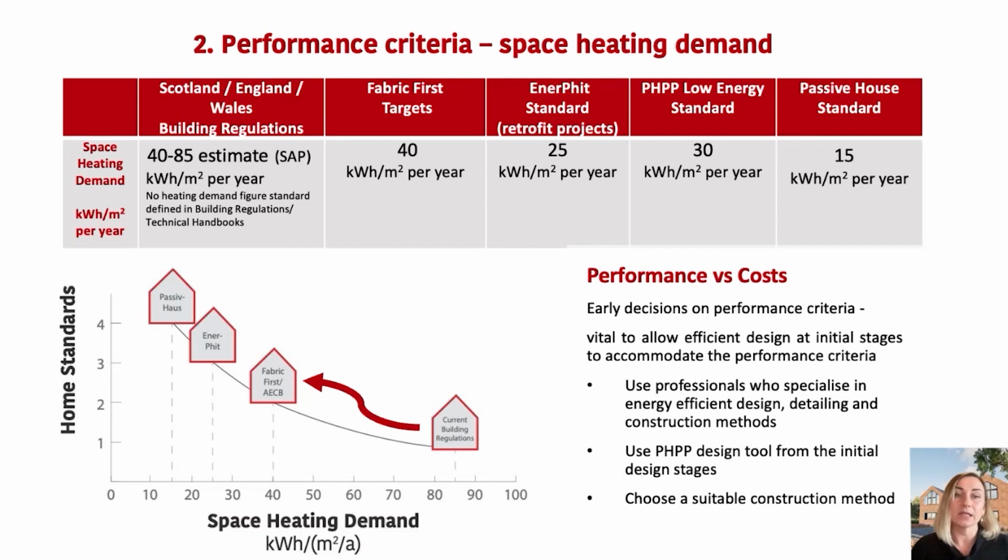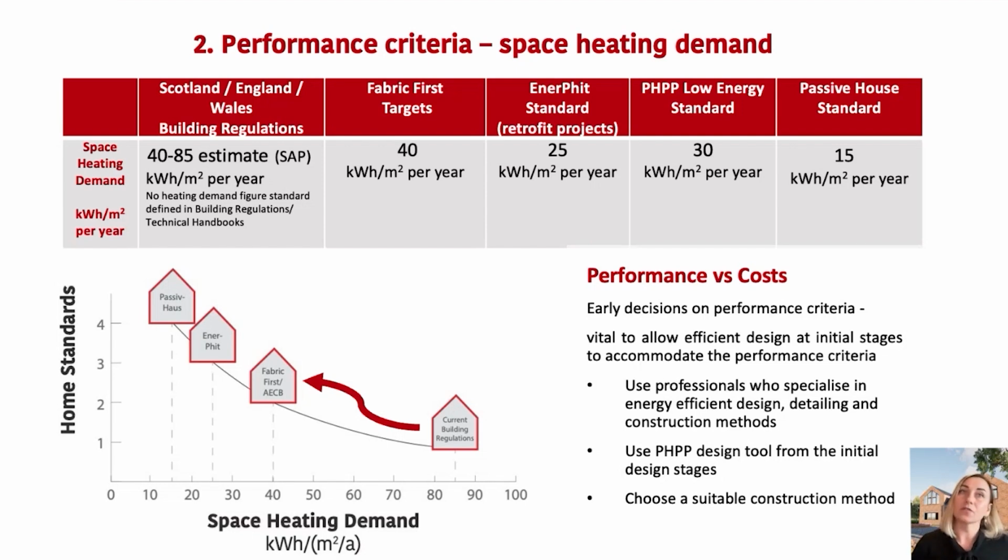As you can see on the table on the screen, that shows the maximum space heating demand targets for all the different standards available in the UK, including, obviously, the Passive House standard on one end of the spectrum, and on the other end you can see the current building regulation standard in terms of the heating demand figure.